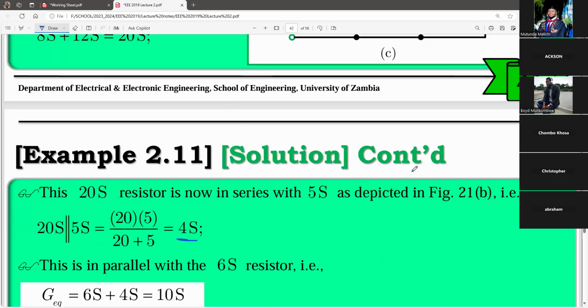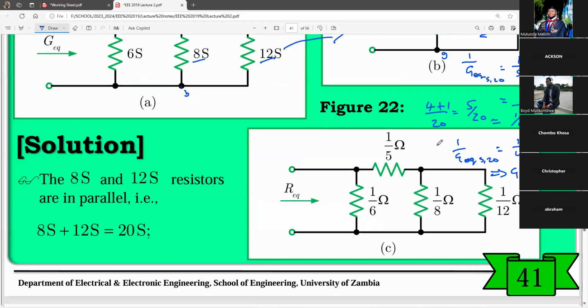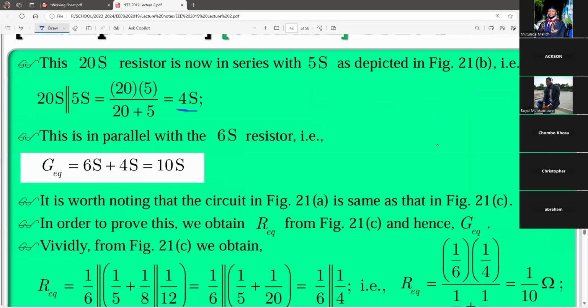Okay, therefore, what we will end up having now is that 6S and 4S will be in parallel. So the circuit now reduces to 6S and 4S. Then if you look into this circuit to find GEQ, it clearly says GEQ should be equal to 6 plus 4, which is equal to 10S.